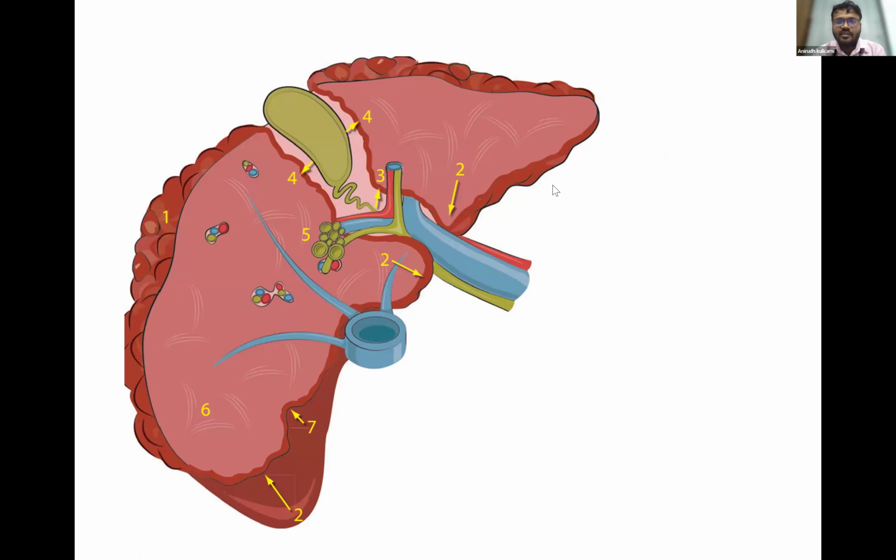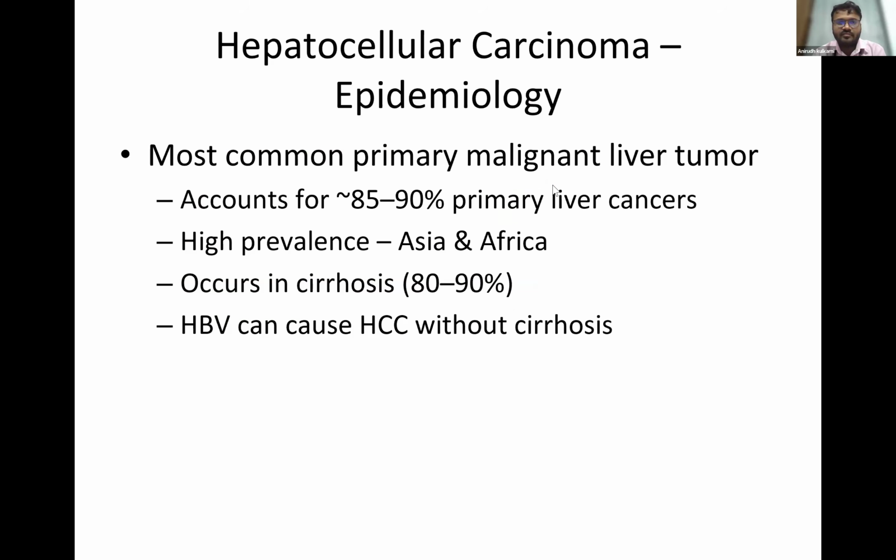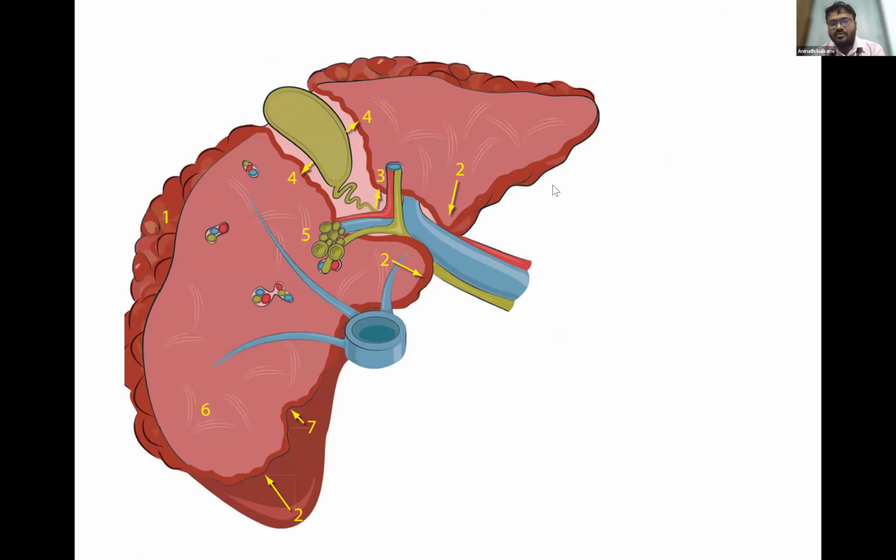So these are the findings which we see in liver cirrhosis. First one is nodular surface of the liver, irregular nodular margins. Second is hypertrophy of the caudate lobe and atrophy of the right lobe, with hypertrophy of the left lobe, for example segments 2 and 3.